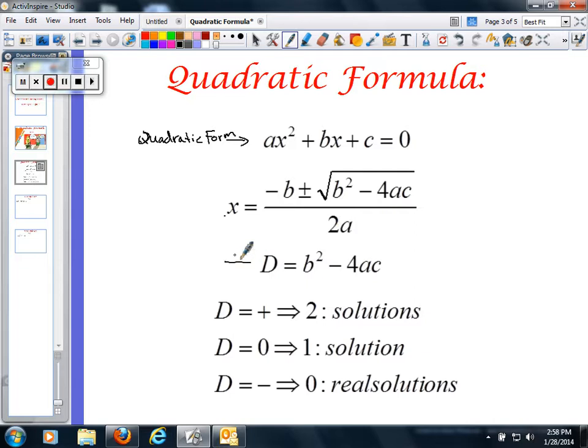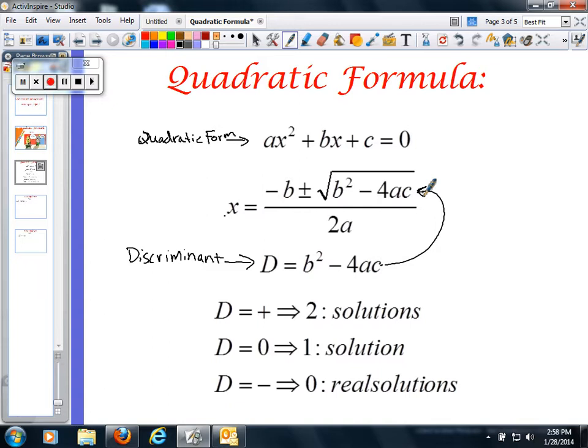D is what we call the discriminant. The discriminant equals b squared minus 4ac. You should notice that that is actually coming from what is under the radical.